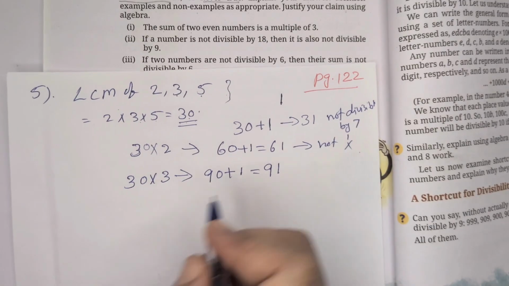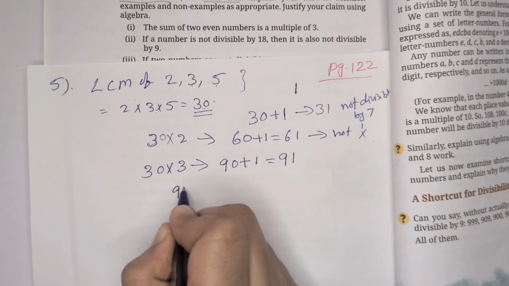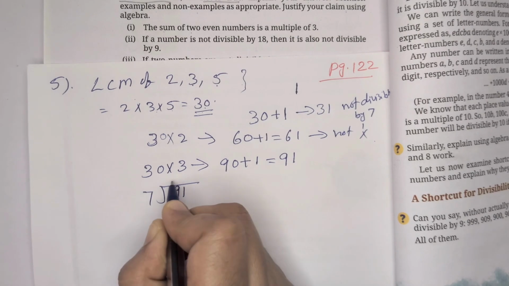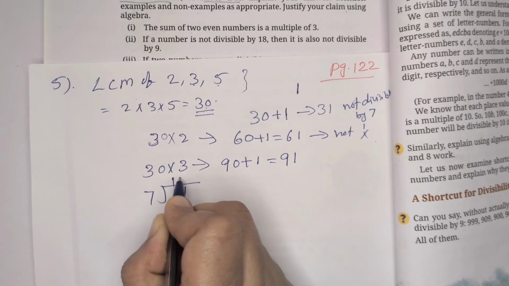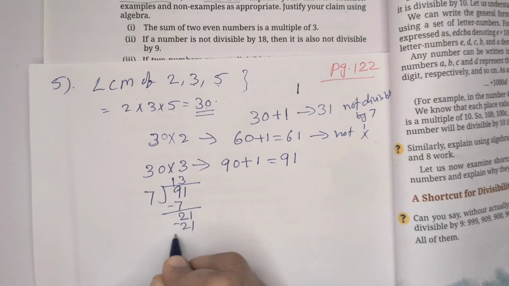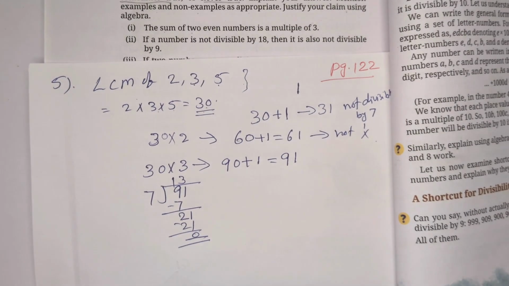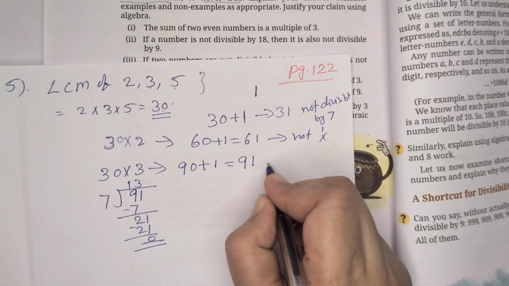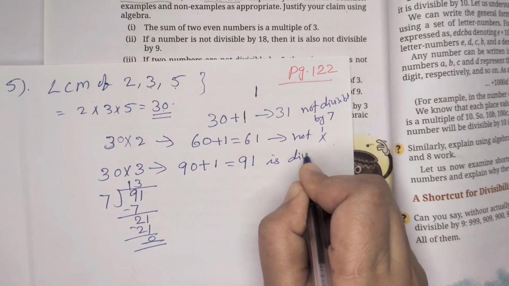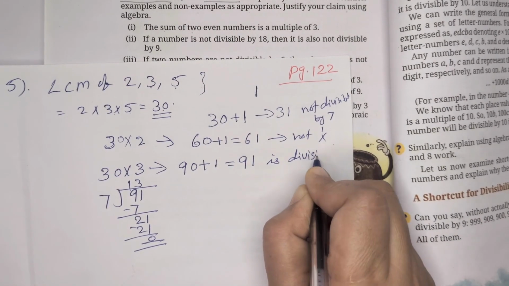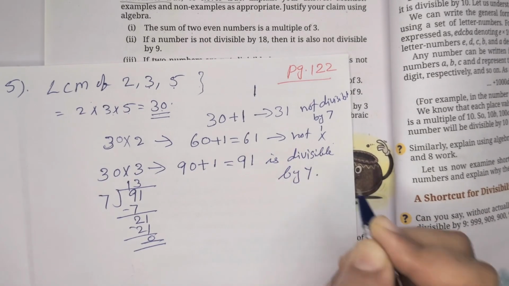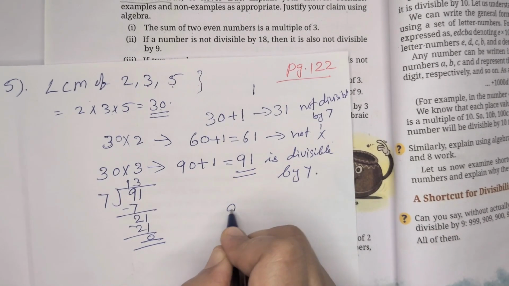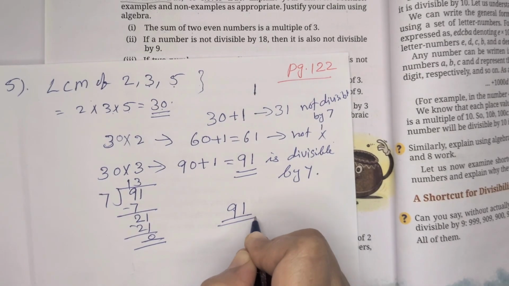Look at that, 91, we can completely divide by 7. 1 times 7, 7, 2 is the remainder, 21, 3 times. So it will become completely divisible. So 91 is completely divisible by 7. So according to the question, 91 is the number of pebbles.